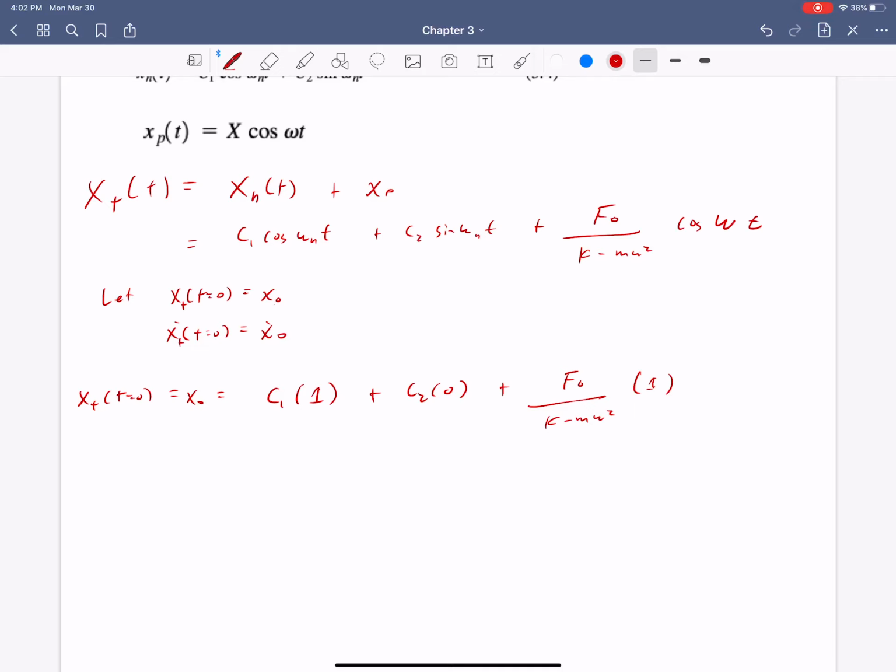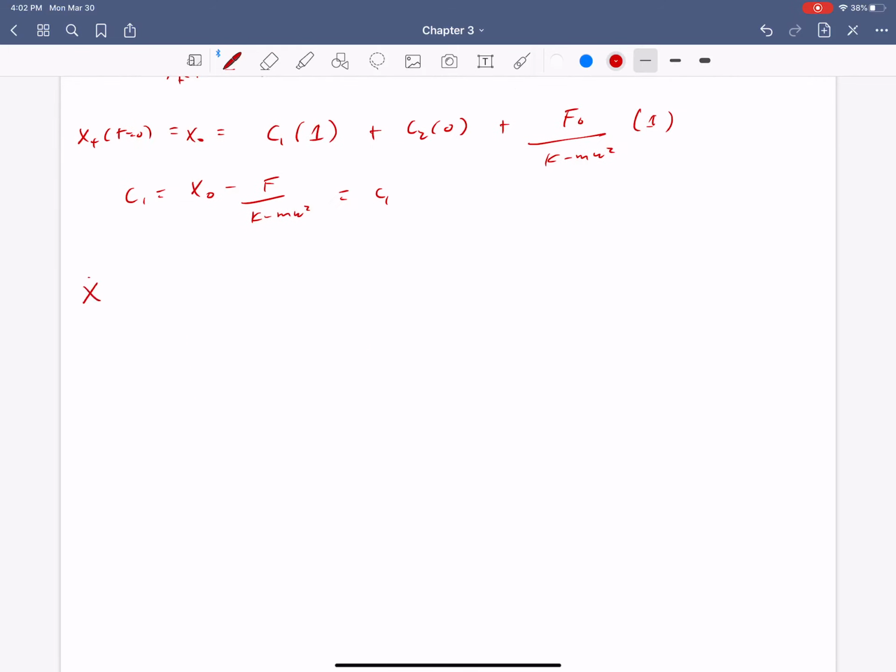Now that tells us that x naught minus F naught over k minus m omega squared is equal to C1. And there's our C1.